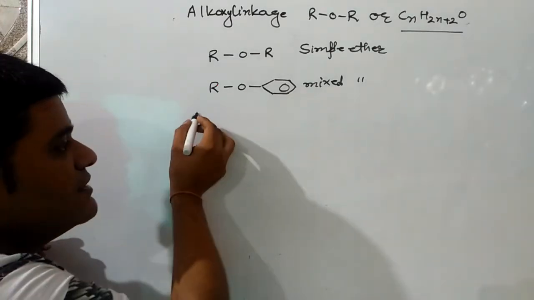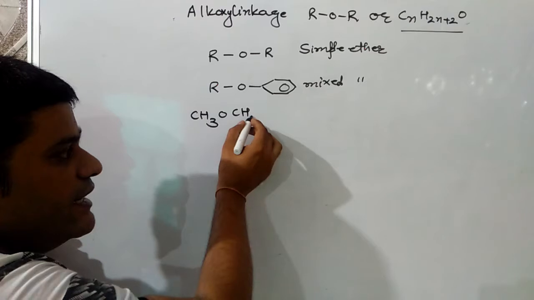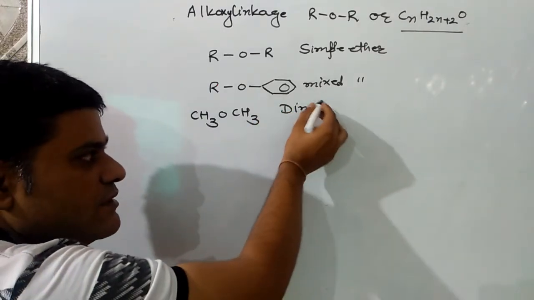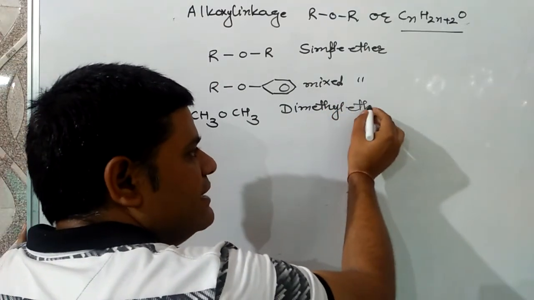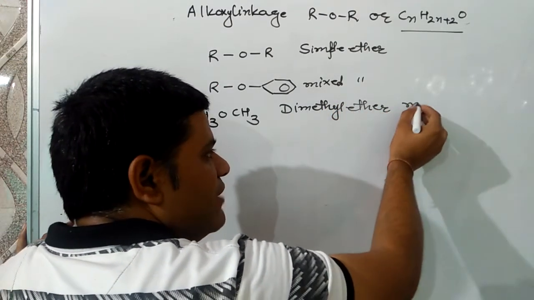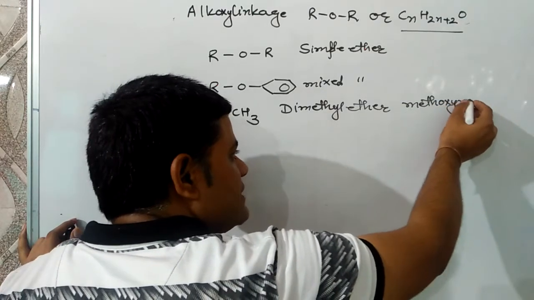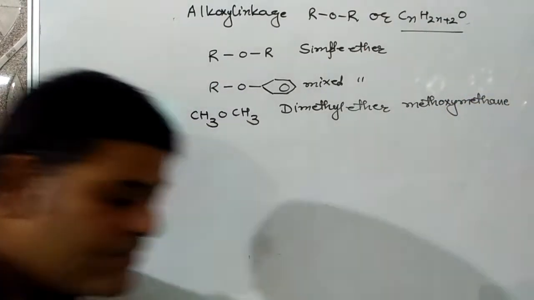For example, the first one is CH3OCH3. The common name for this is dimethyl ether, and the IUPAC name is methoxymethane.